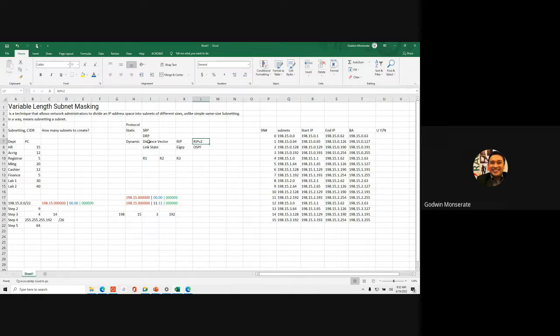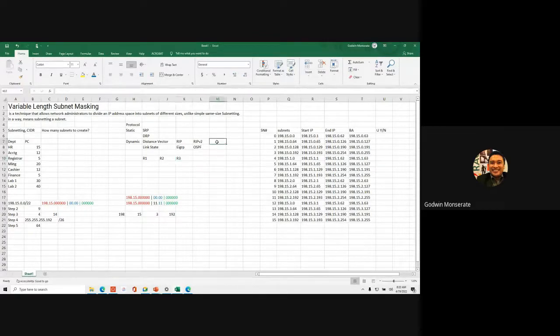With distance vector, it is very simple. It is divided into two, the distance and the vector itself. It is a very intimidating term, but it is very, very simple. Distance means the distance between your R1 and R2, or R1 to R3. The distance here is measured by the number of hops.